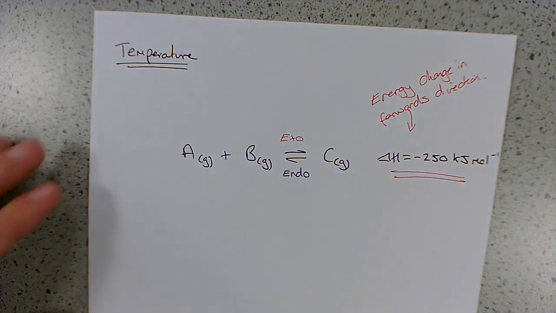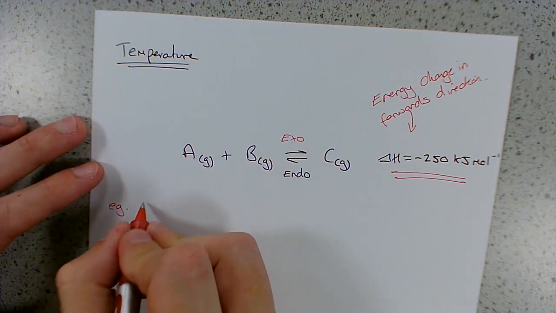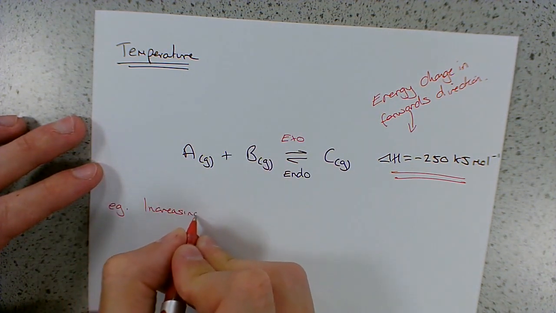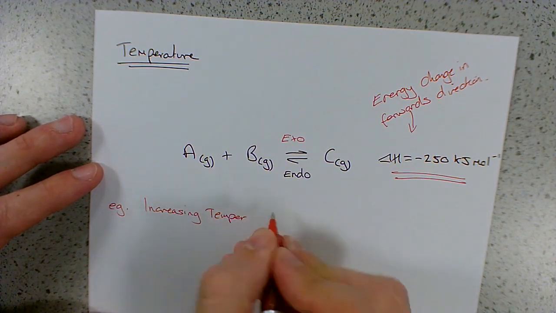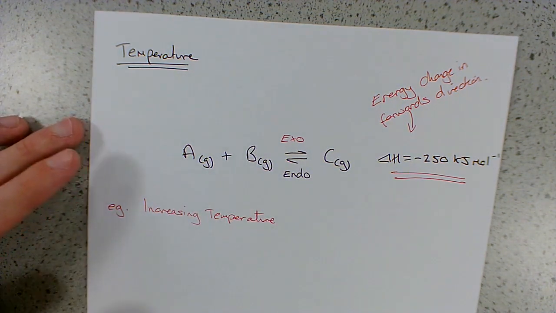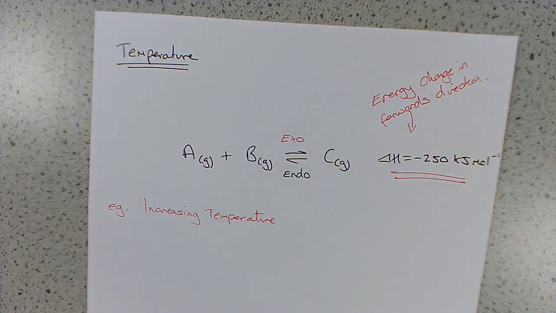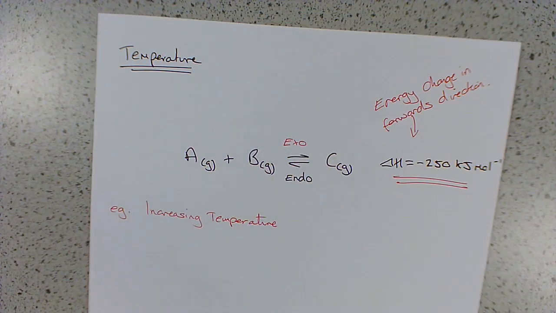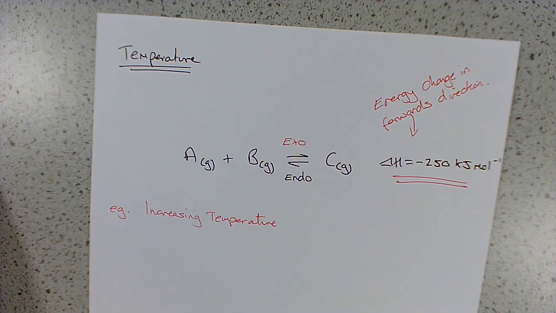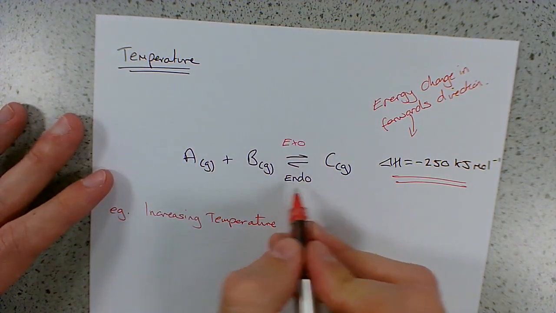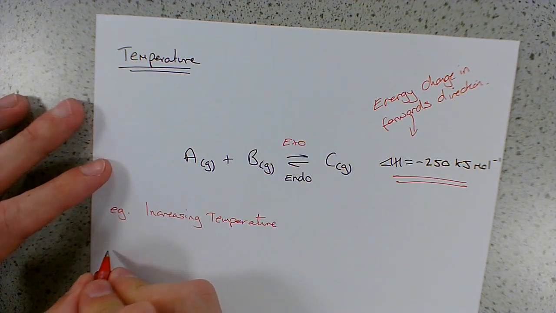So, let's have an example. If I were to increase temperature, then Le Chatelier's principle states that the equilibrium will shift to the left or the right in order to counteract my change. So if I've increased the temperature, the equilibrium will shift to decrease the temperature. And it's got 2 choices. It can go forwards and be exothermic, or it can go backwards and be endothermic. Only one of those will decrease temperature. That's the endothermic reaction. So it will go backwards and favour the left-hand side.